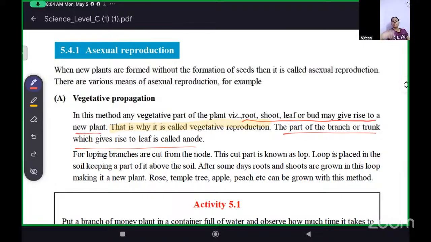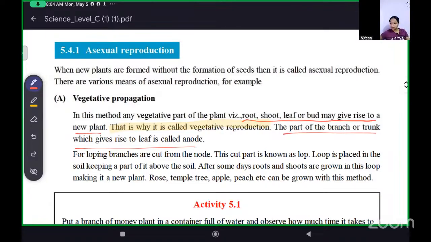From this vegetative part, a root, shoot, leaf, or bud may grow to become a new plant. When it grows a little, it is cut off and known as a loop, and that is planted back and grows into a new plant. That is vegetative propagation.